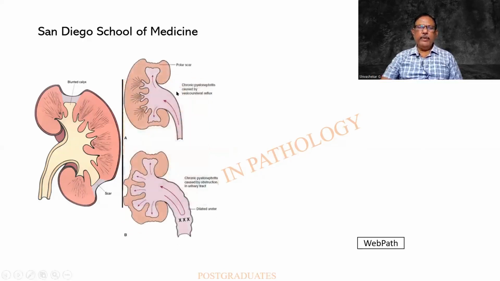I would like you people to kindly appreciate the difference between these two. In one, this is a case of reflux uropathy or reflux nephritis. Whenever there is a bladder contraction, part of the urine goes into the kidney and it goes towards the pole, leading to a polar fibrosis, and hence you get this kind of pattern.